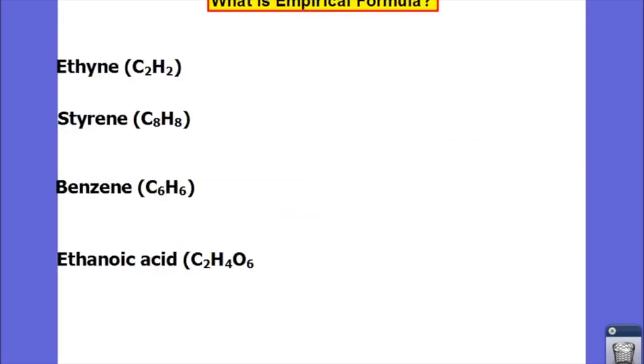Okay, the empirical formula for ethane is CH3. The empirical formula for styrene is CH. The empirical formula for benzene is CH. The empirical formula for ethanoic acid is CH2O. Just reduce it to the lowest term.